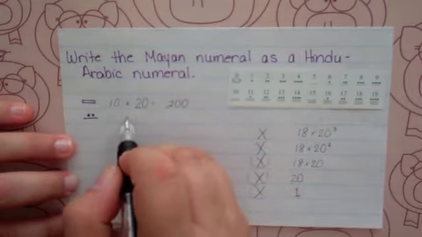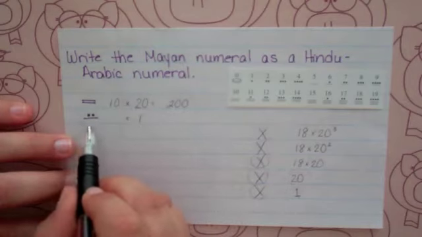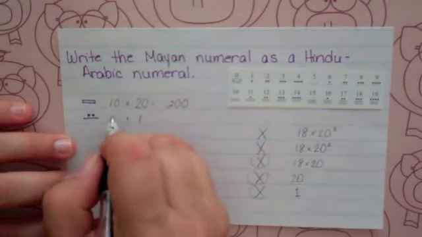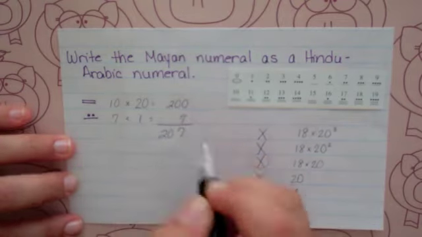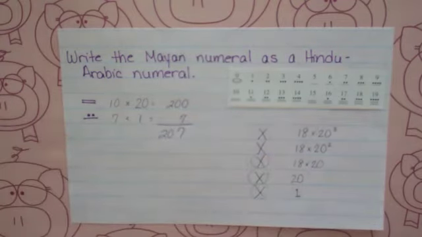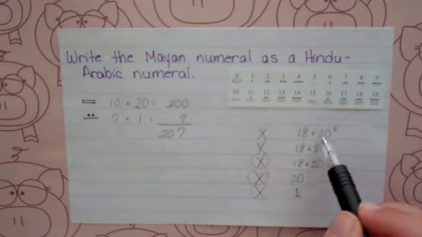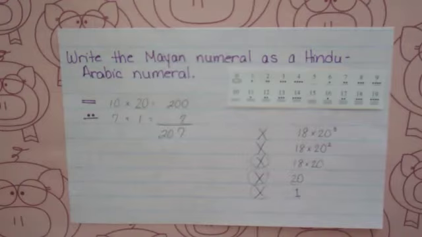This is my ones spot, and this symbol here is a 7. 7 times 1 is 7, so this is 207. If we would have had more numerals, we would just keep multiplying times these values here.